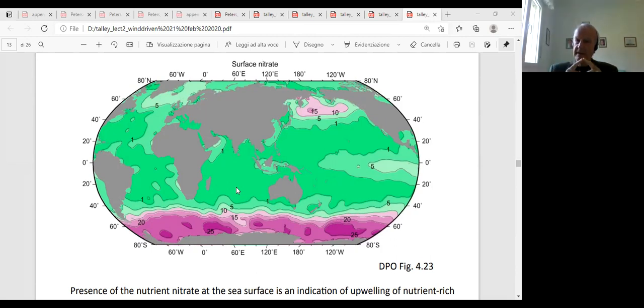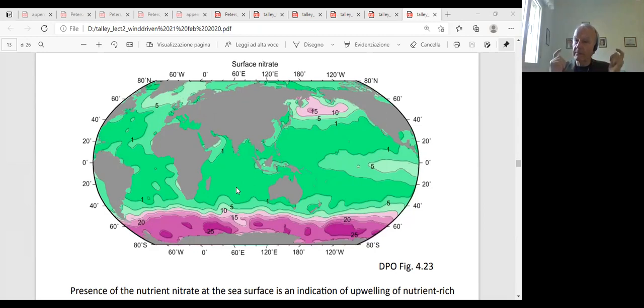But the other aspect is that by bringing the deeper layer water to the surface, you bring nutrients. Why do you bring the nutrients? I already mentioned this when we were talking about the dense water formation. The deeper water is rich in nutrients. Why is it rich in nutrients?